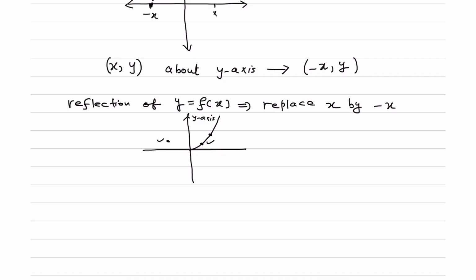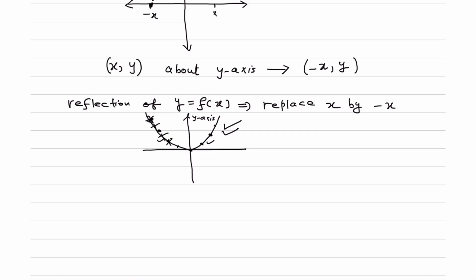For this point the reflection would be this, for this point the reflection would be this. So every time we are simply changing x as minus x, and then we will get this curve, which is the reflection of this curve about y-axis.